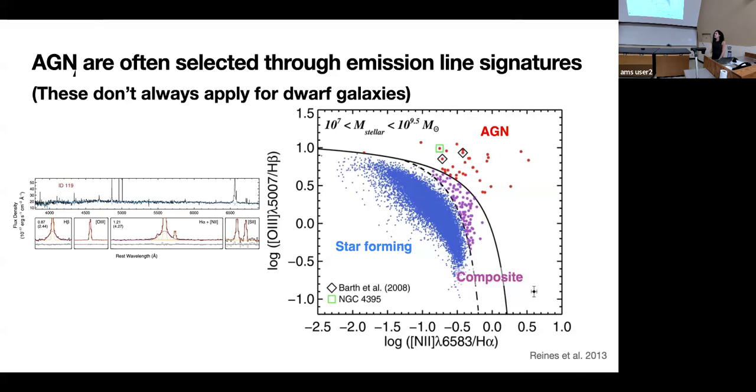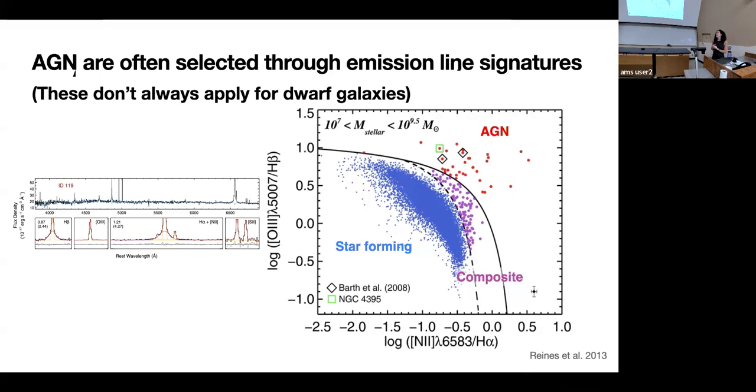This was from a work done in 2013, where they looked at 25,000 dwarf galaxies and found these spectroscopic emission line signatures for black holes in about 150 of them, which doesn't sound like a great percentage, but was actually a huge increase in the number of dwarf galaxies that we knew to have an active galactic nucleus.